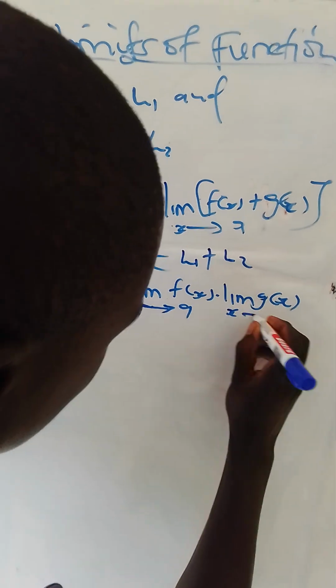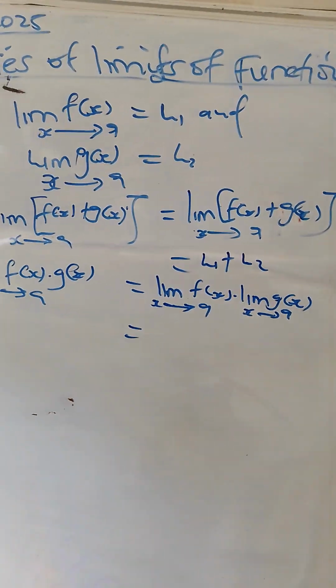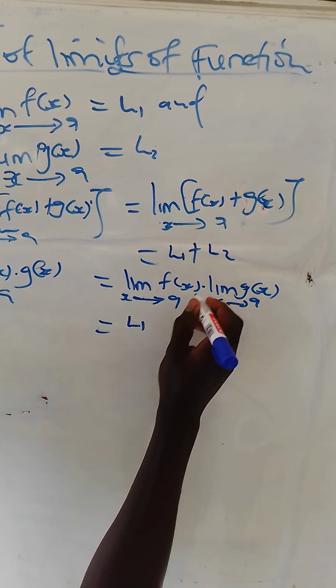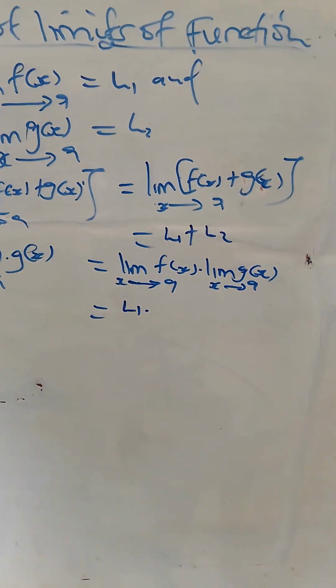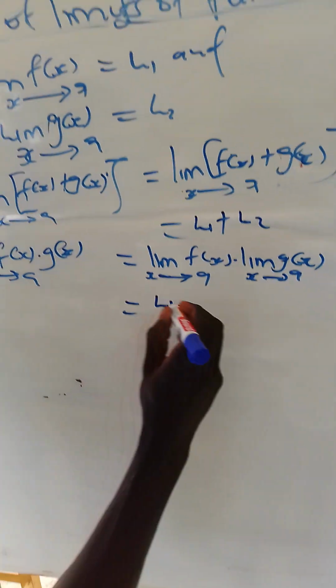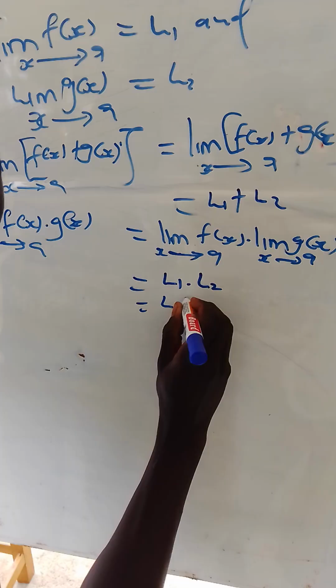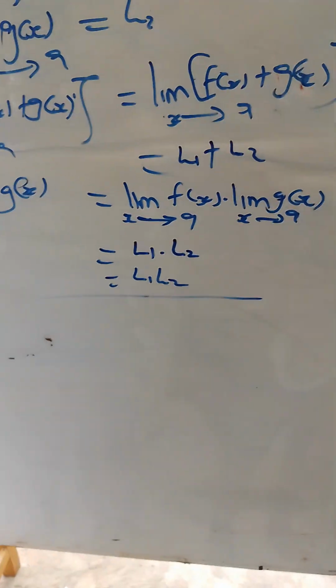Here the limit of f of x for x tending to a is represented by L1, times the limit of g of x for x tending to a, which is the same as L2. So this one is our second property.